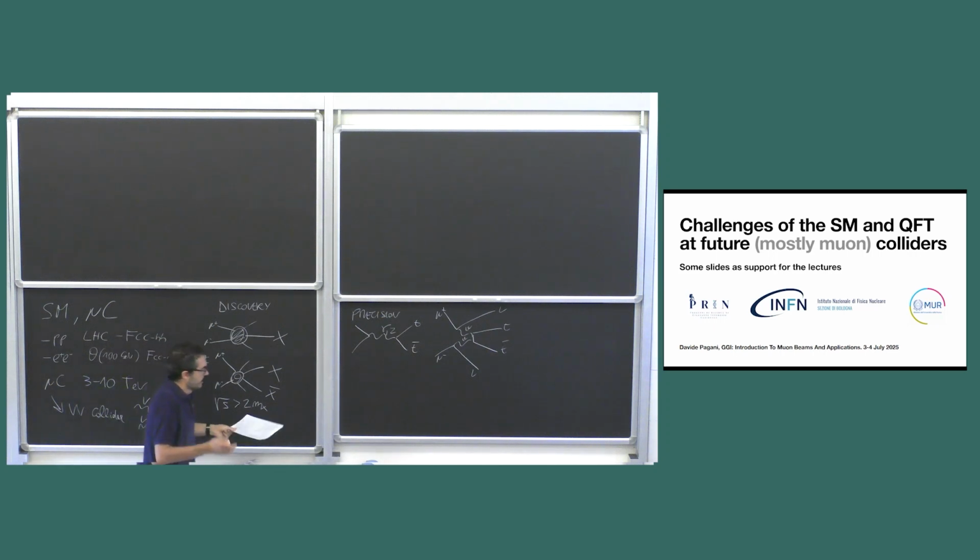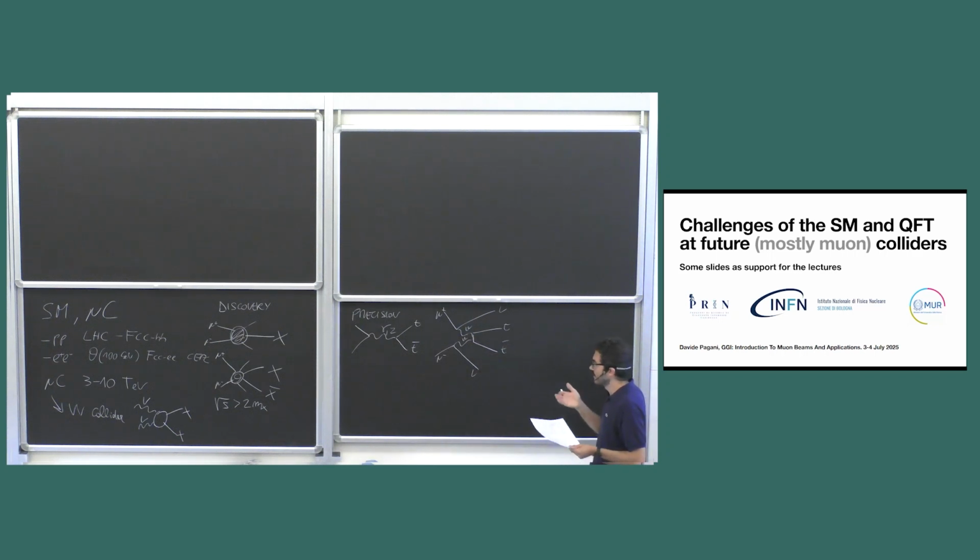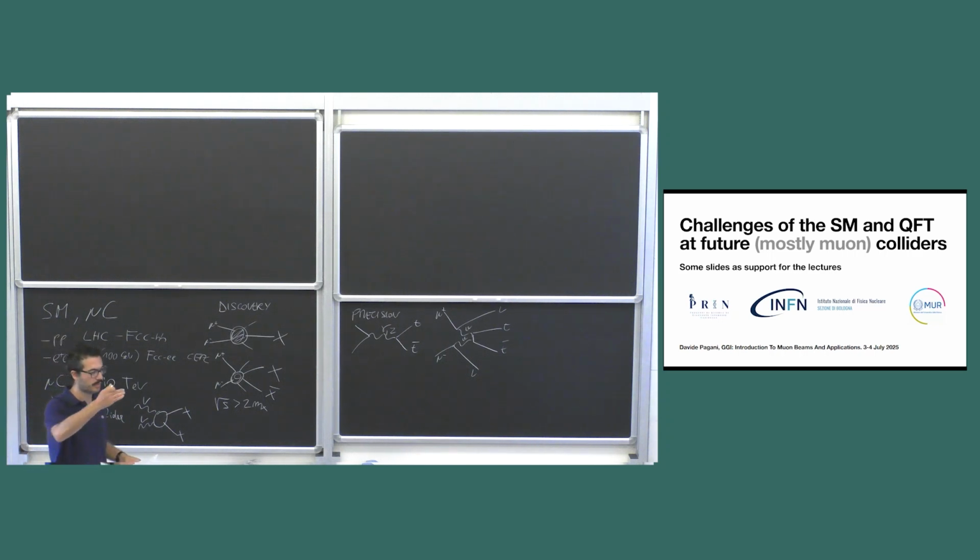But obviously, this is not the only process you can study at a muon collider. And something I want to stress is that precision per se is not a value from a fundamental point of view. So the fact that you know some parameter from the standard model with one or two digits more, you're not really learning something more.